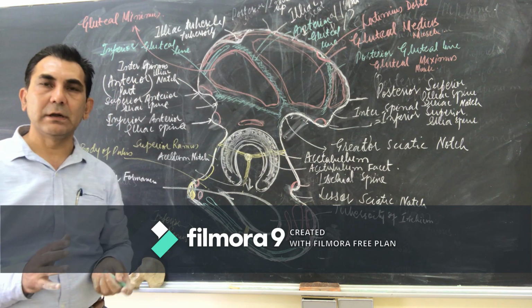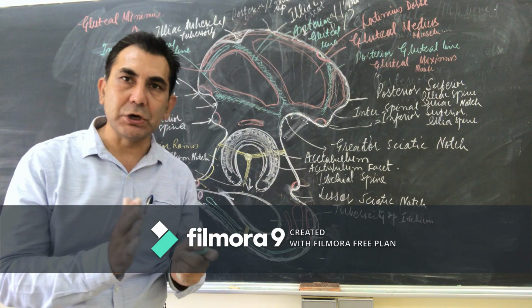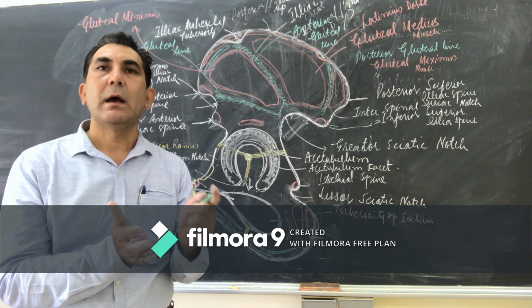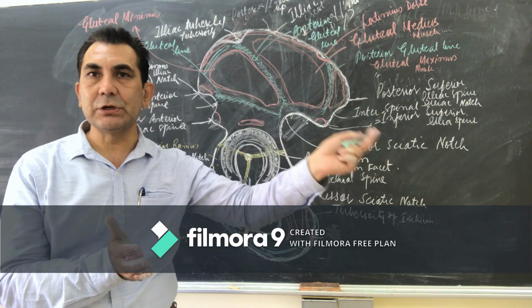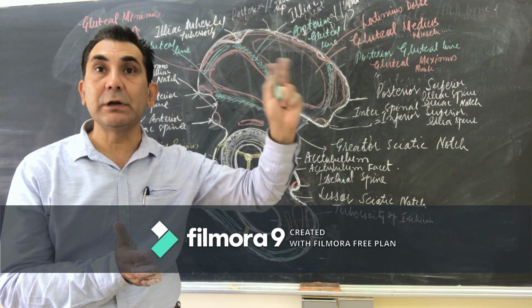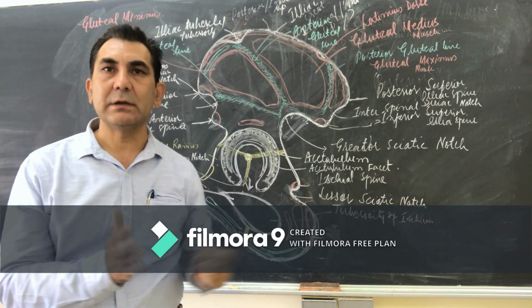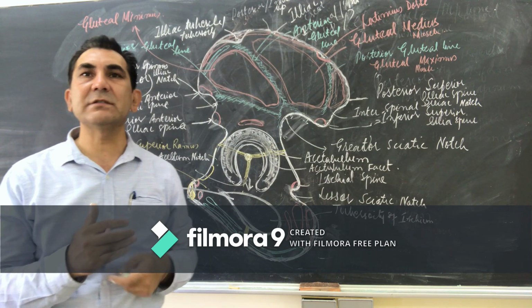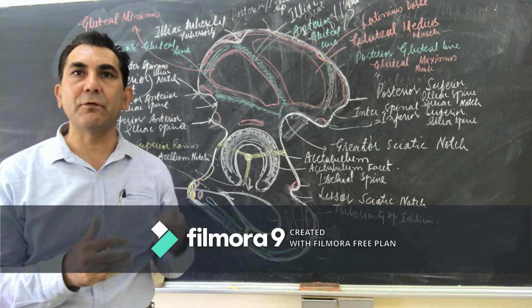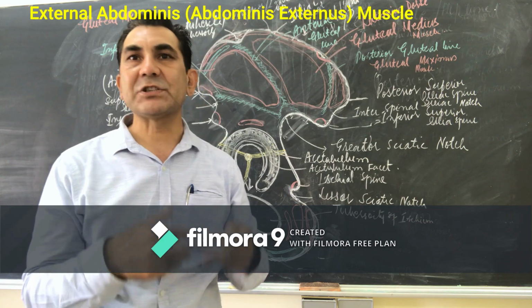The external lip is for the attachment of the abdominis externus muscle, and the internal lip is for the attachment of the abdominis internus muscle, attached over here.